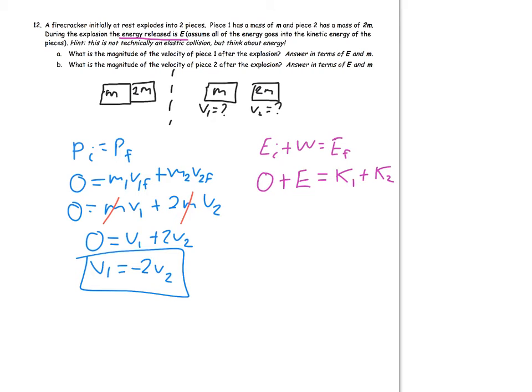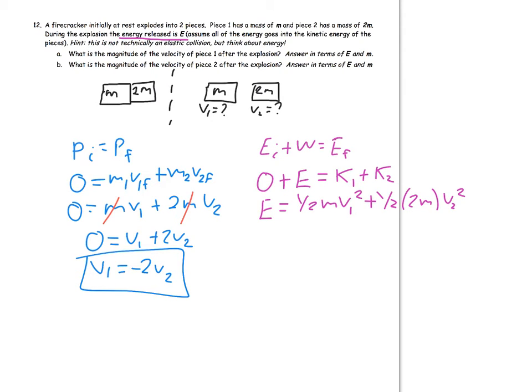So I can use my formula for kinetic energy and what I know about each object, and I can rewrite this equation as E equals 1/2 m, the mass of object 1, times v1 squared, its velocity afterwards, plus 1/2 times 2m times v2 squared.